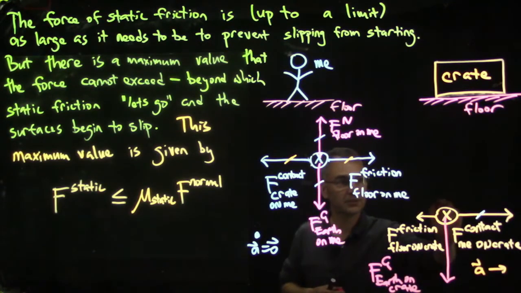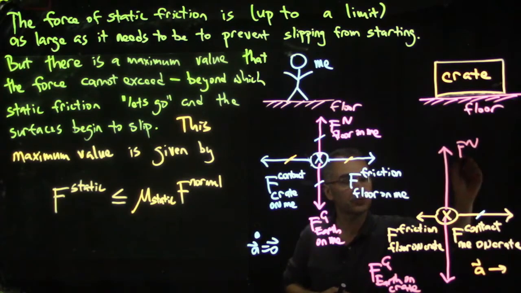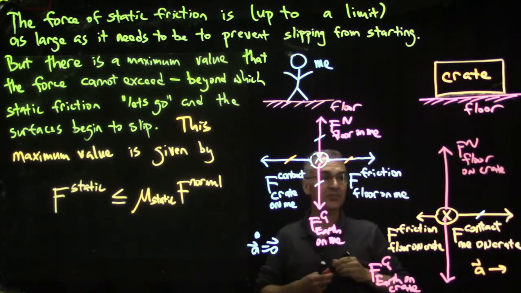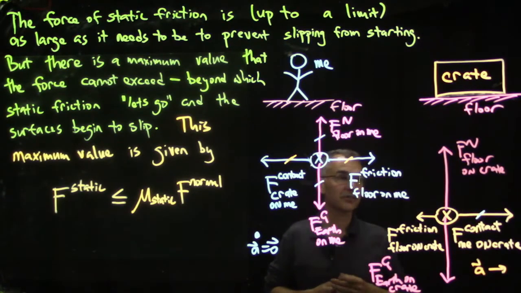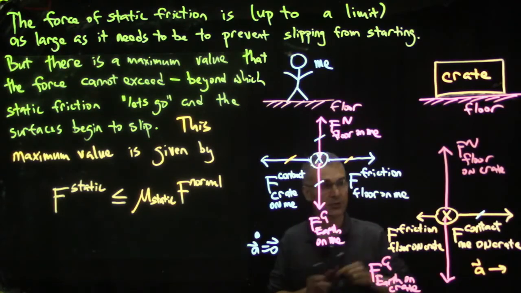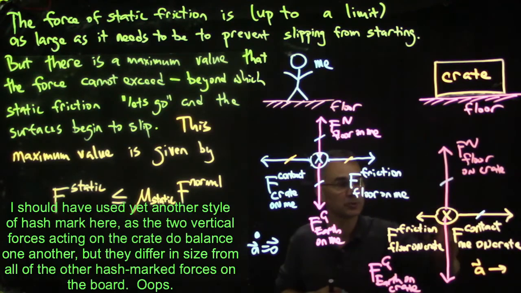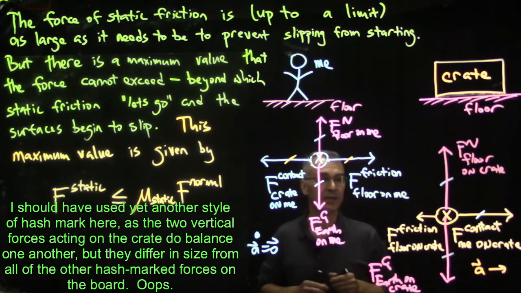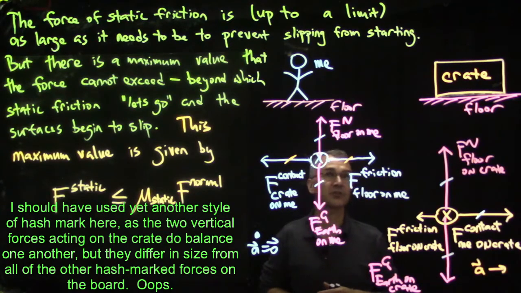And then here is the normal force exerted by the floor on the crate. And the crate is accelerating to the right, but it's not accelerating vertically. So it must be true that this normal force exactly balances this gravitational force so that the crate does not accelerate in the vertical direction. The crate is only accelerating in the horizontal direction.